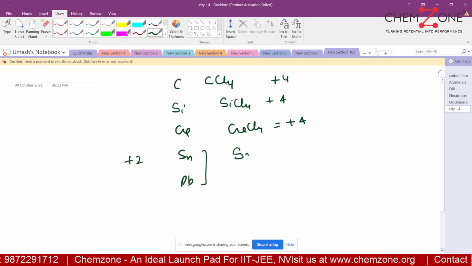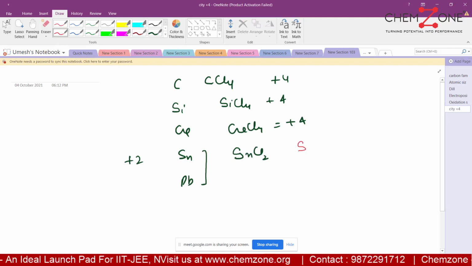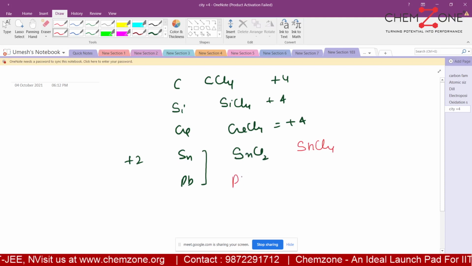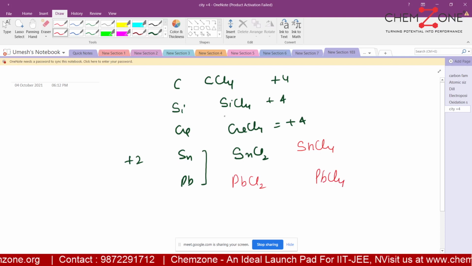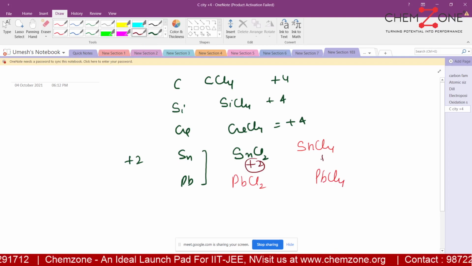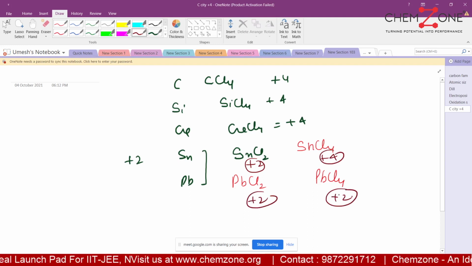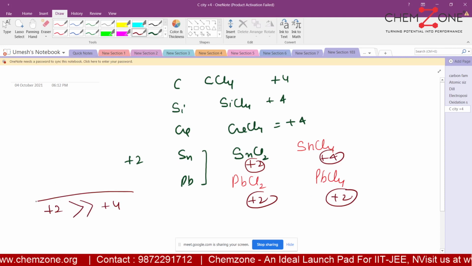But tin shows SnCl2 as well as SnCl4. PbCl2 or PbCl4. So here it can show +2 as well as +4, both. And we find that the +2 state is more stable as compared to +4.